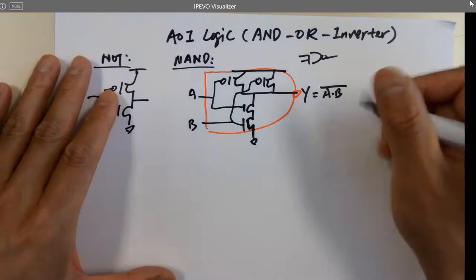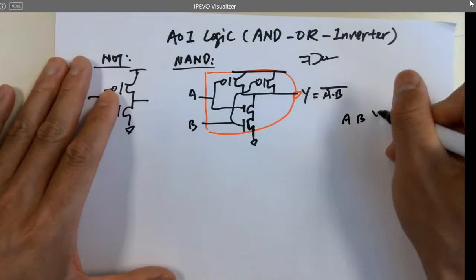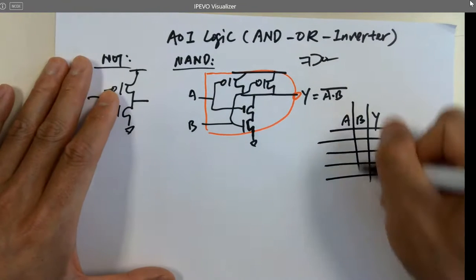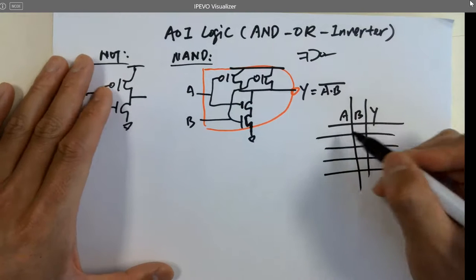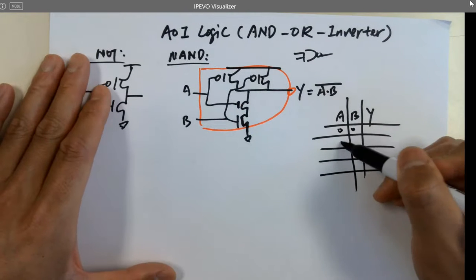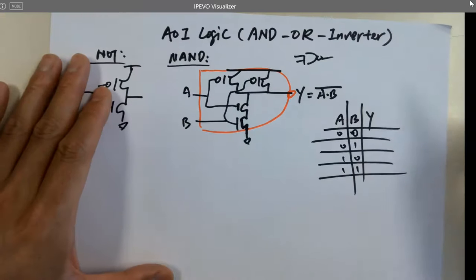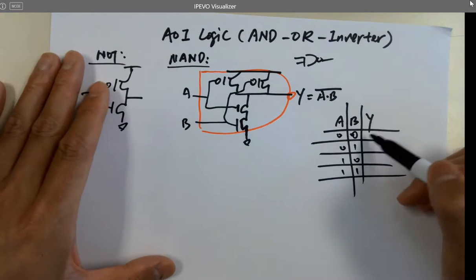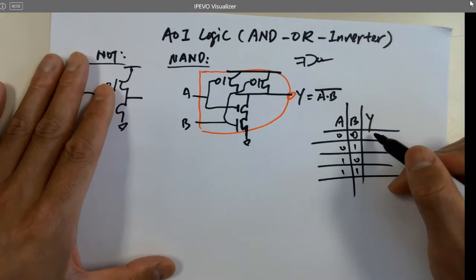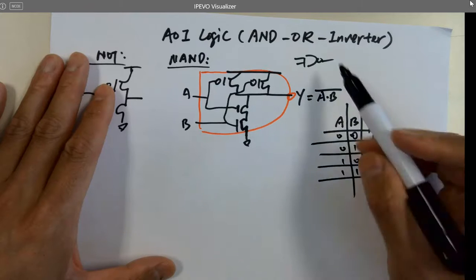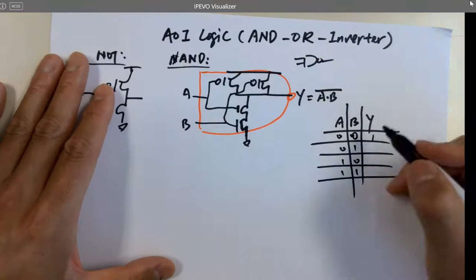If you look at the truth table of the NAND gate, what are these possible inputs? They're all of them, right? 0, 0 is going to give you what? NAND gate.